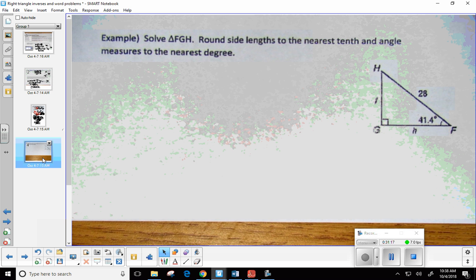Let's go to the last problem. And so we're solving for the entire triangle. This is lowercase f, it just doesn't look like that on the paper. We're solving for everything: the missing angle h, the missing side f, and the missing side h. So what do y'all want to solve for first? Okay, so how am I going to do that?